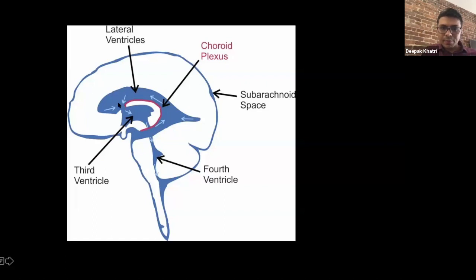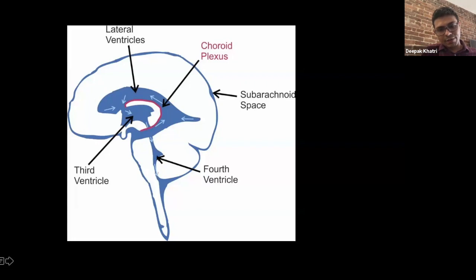And basically, we have to know the flow of the CSF. It is produced at about 0.3 cc every minute, and it's continuously circulated, as you can see in the small blue arrows here, which start in the lateral ventricle and go through the small connection into the third ventricle, through the aqueduct of Sylvius into the fourth ventricle.